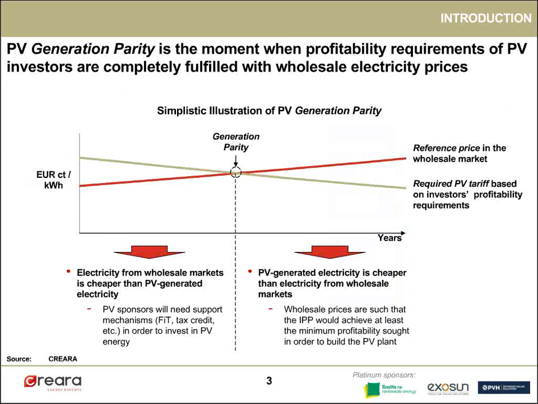So let's have a look at the theory behind the GPM utility scale. The document analyzes generation parity of PV installations, and generation parity has been defined as the moment when profitability requirements of a PV investor are completely fulfilled with the wholesale electricity price.